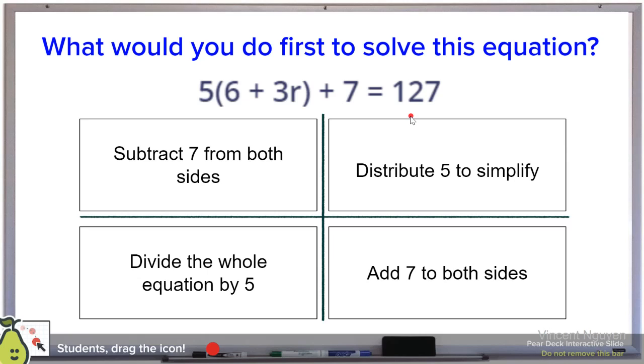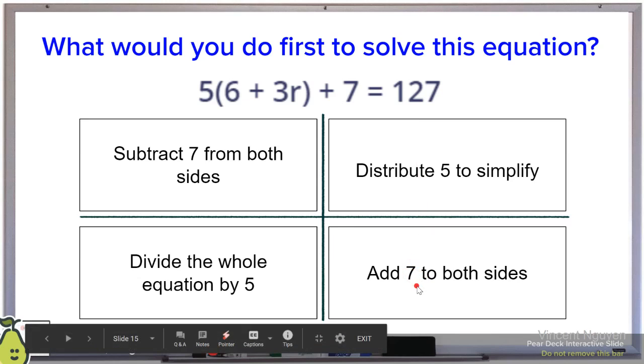So dividing by 5 is actually going to get us into a bigger mess and not a simplified version, right? Remember, we want to simplify the equation so that we could actually solve, right? And so we don't want to do anything that would be counterproductive, which means it makes it more messy instead of simple. Okay.